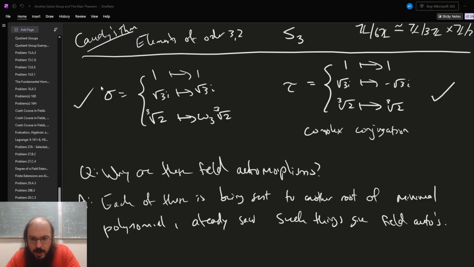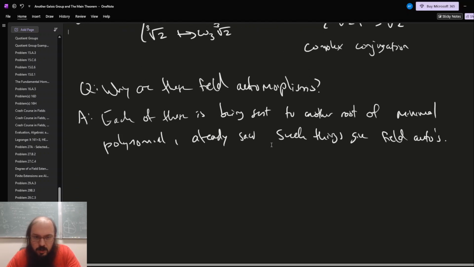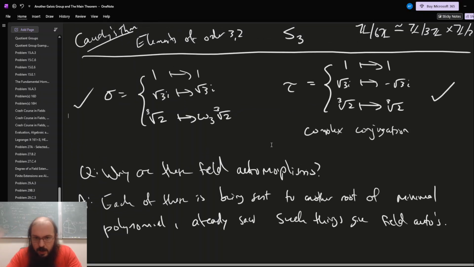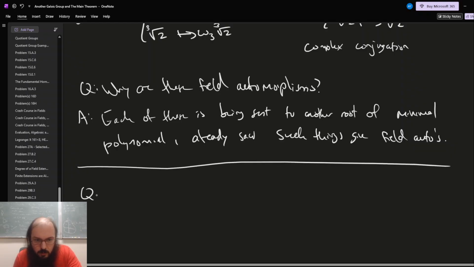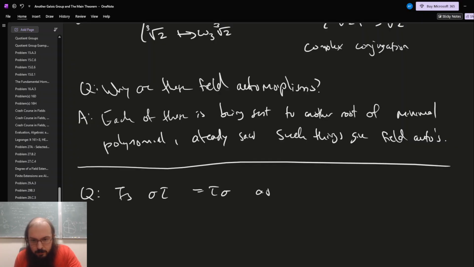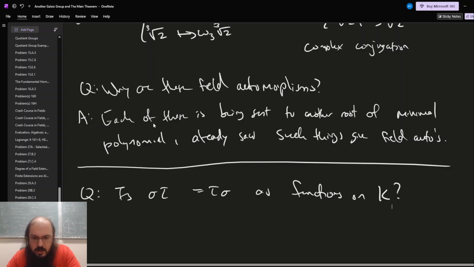Okay. So now, since we know these automorphisms explicitly, let's try to calculate them and see, is sigma tau equal to tau sigma as functions on this splitting field K. The easiest way to see that two things are different as functions is to plug in a specific value and see what happens.